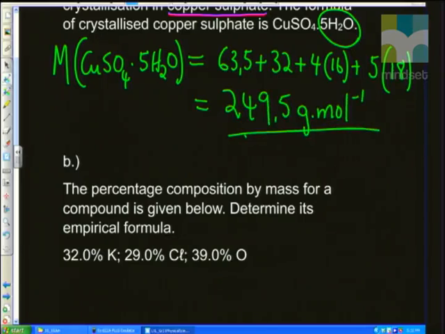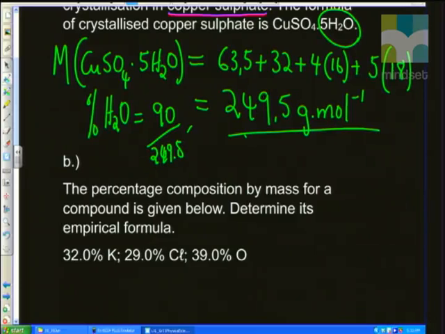When we have that, we can find the percentage water of crystallization, which will then be what? Percentage water of crystallization will be equal to 90 divided by 249.5 times 100.